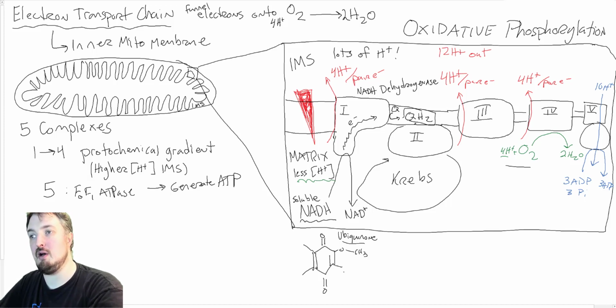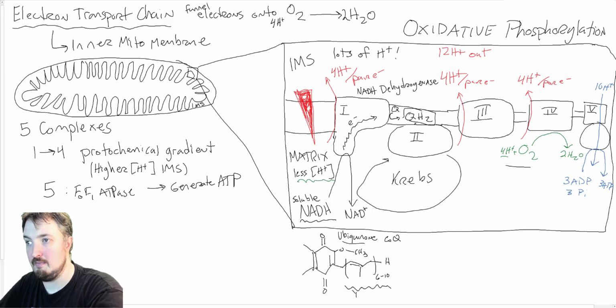But ubiquinone has a long nonpolar tail. And we call it CoQ. But this thing can be between 6 and 10 units long as a repeating polymer. So essentially it's this long branch chain, and it could be 10 units long.